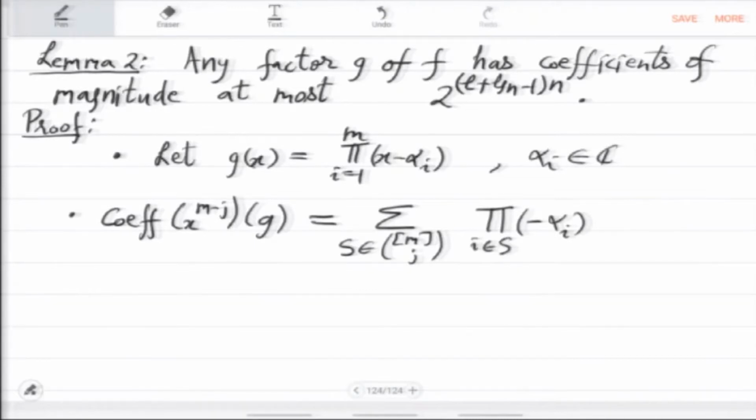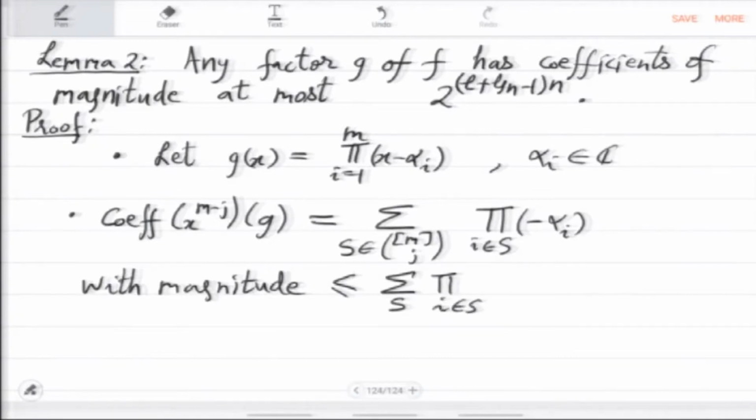Okay, so this is the coefficient of x to the m minus j, and using lemma 1 you can bound this. The magnitude is less than or equal to the sum over all these subsets of the product of the norm of alpha_i, by lemma 1.